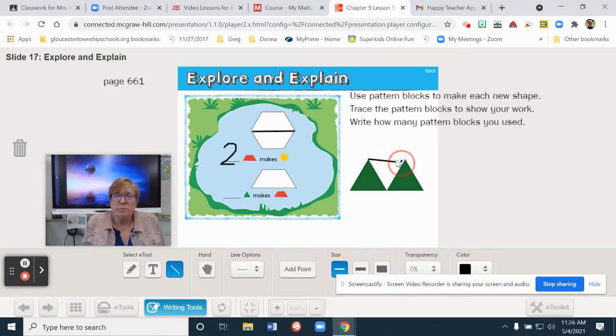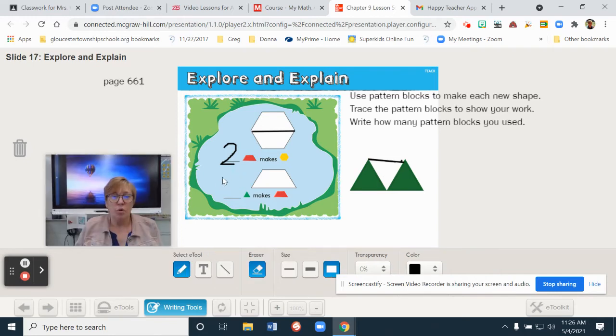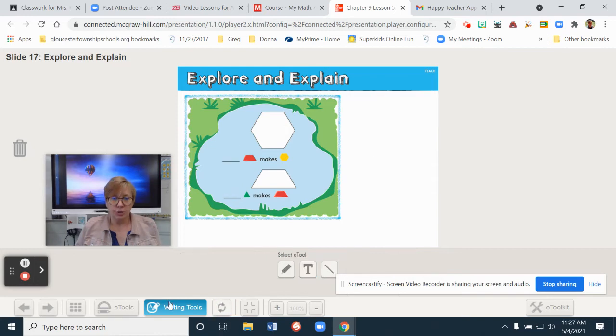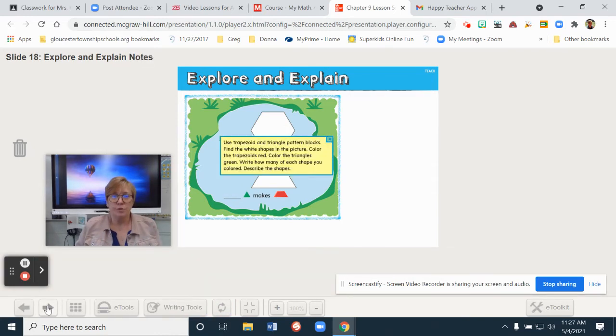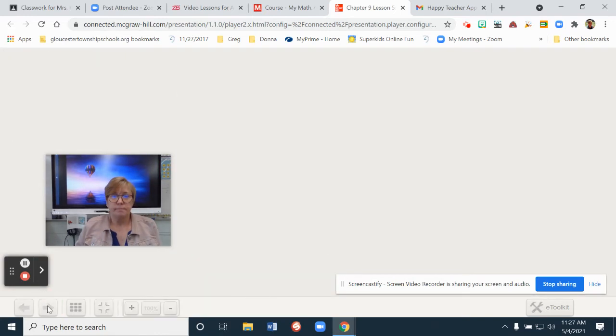Again, not going well today. How many triangles do I have? 1, 2, 3. So here I would draw the number 3 for how many triangles there are. Right there, 3. All right, let's turn to our next page.